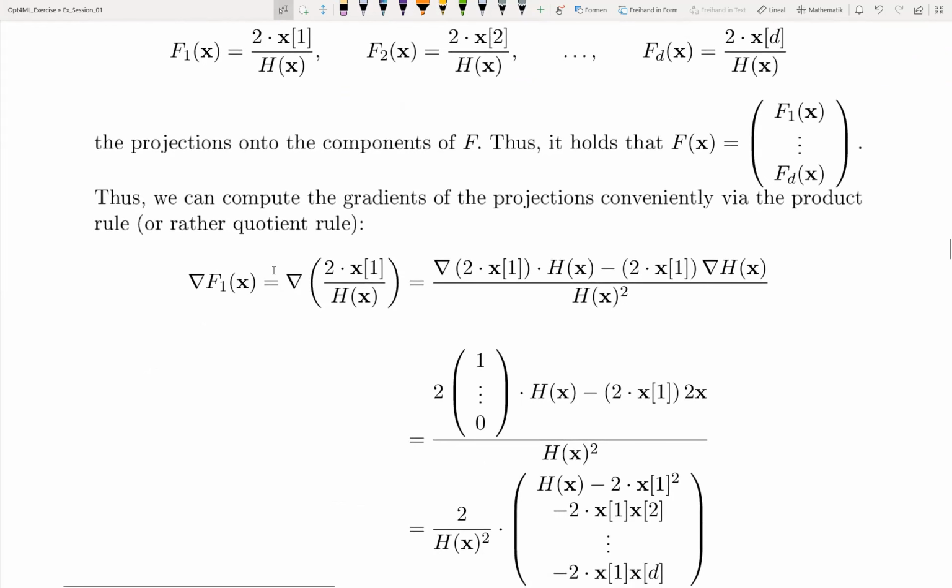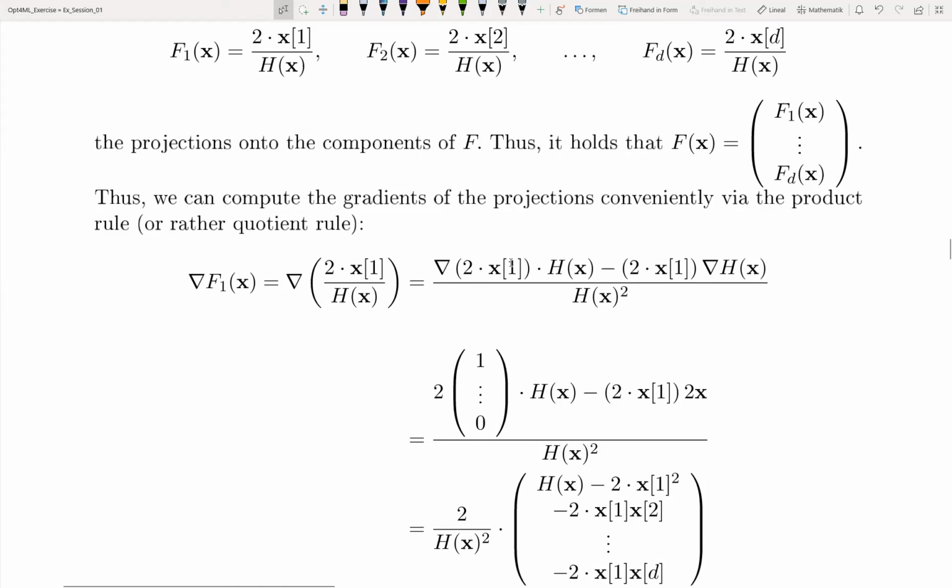And what we have here is not the product rule, but rather the quotient rule, which we can use. Because f1 of x can be expressed as a function where we have in the numerator the function which is projecting the x onto the first component, and in the denominator we have the function h of x.